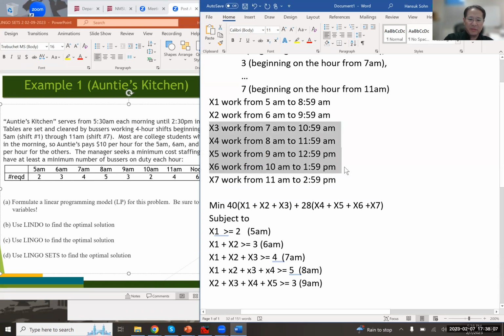These 4 groups of people, X3, X4, X5, and X6, at least 2, for 10 a.m.